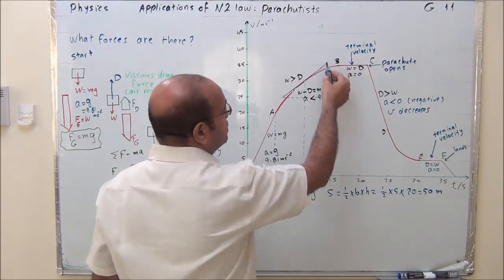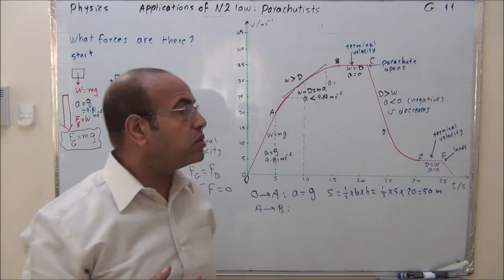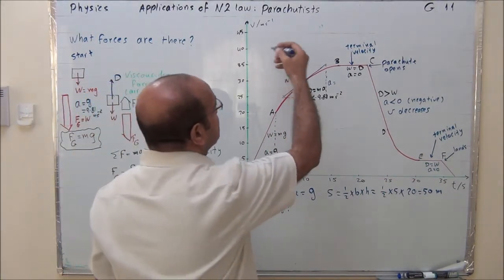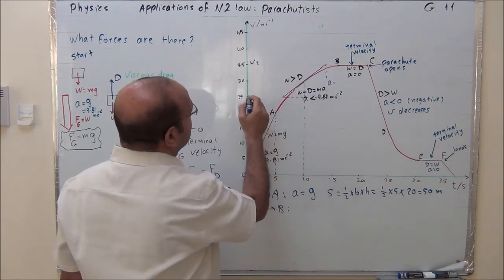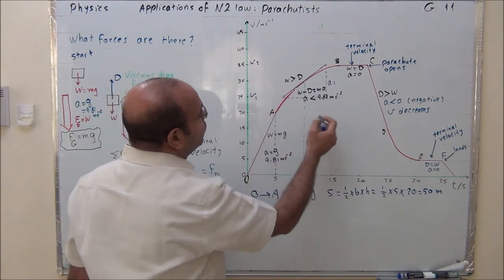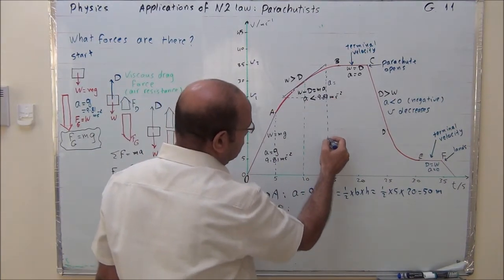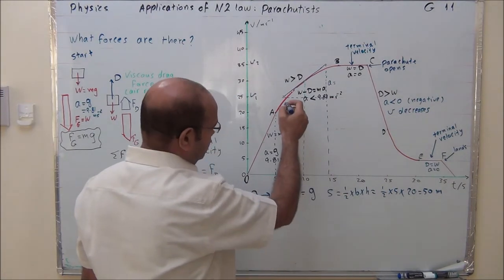The acceleration is the slope: the vertical distance, or the acceleration is (v2 minus v1) over (t2 minus t1).